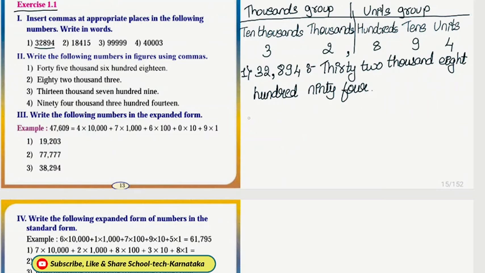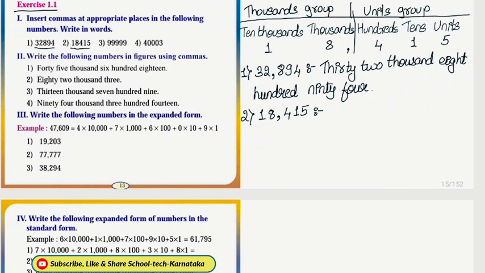So our second given number is 18,415. So how do we write this number in place value chart? At units place we have 5, at tens place we have 1, at hundreds place we have 4, at thousands place we have 8, and at 10,000s place we have 1. So where do we place comma? After thousands group, here. So our given number is 18,415.